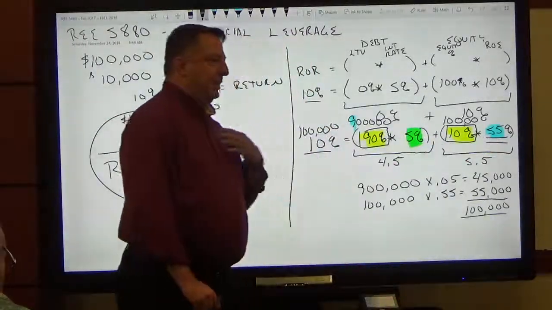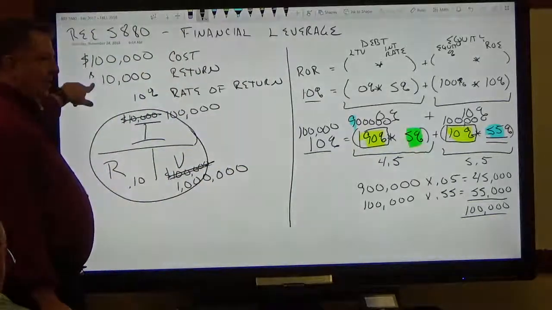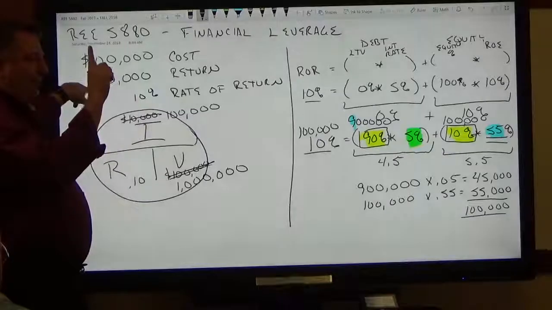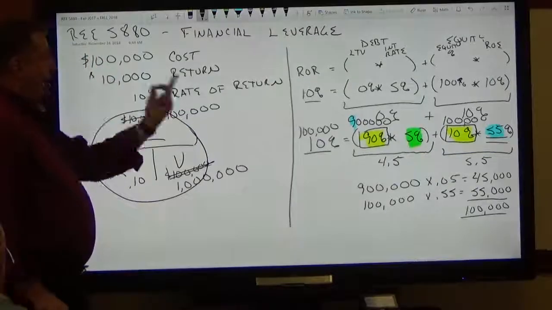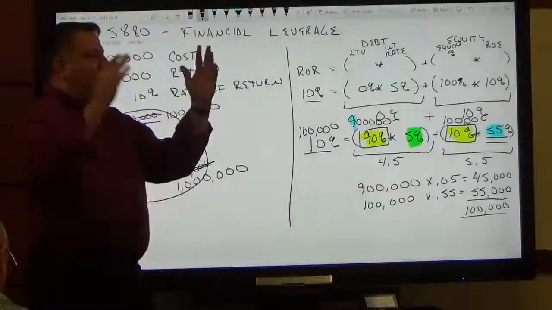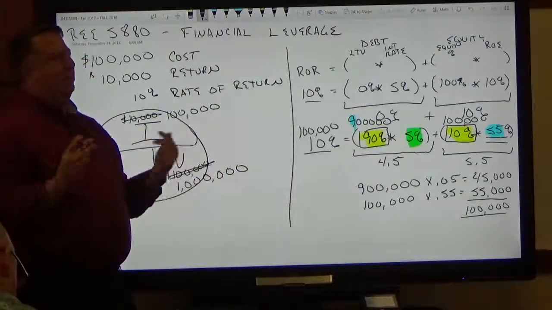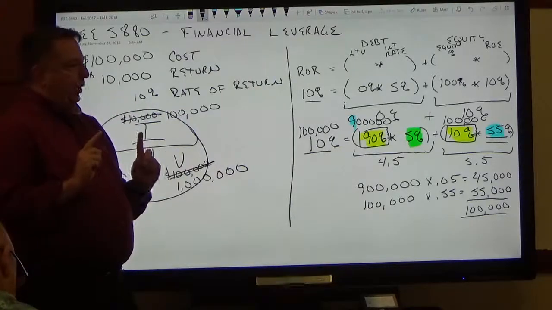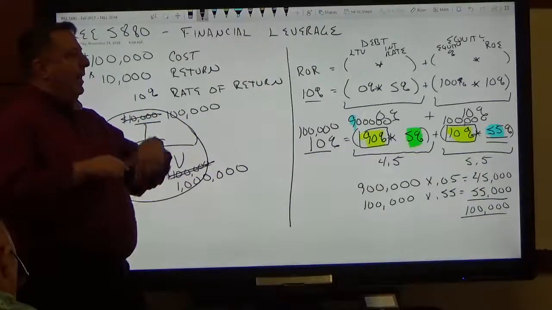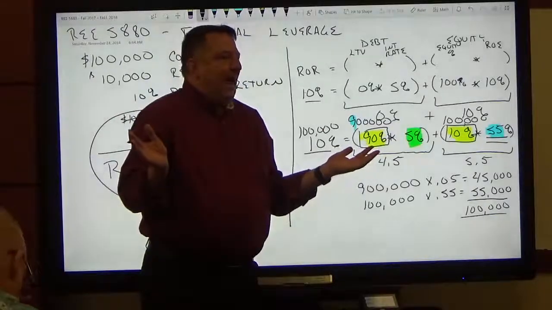So in this case, instead of paying yourself $10,000 on one house, you're now able to pay yourself $55,000 on 10 houses. Okay? We're saying, well, wait a second, that's less money per house. No, it is per house, but the thing is, you're using the same amount of cash.